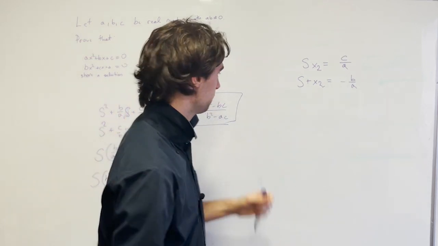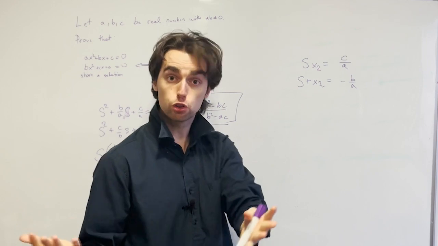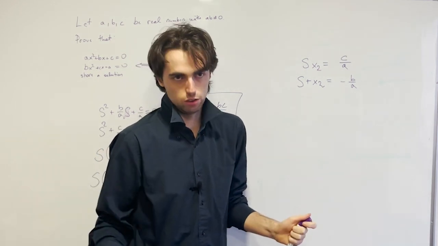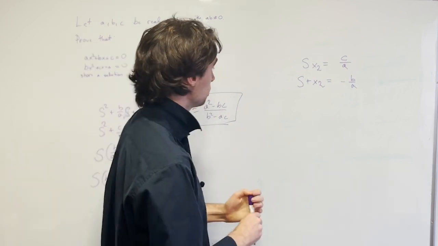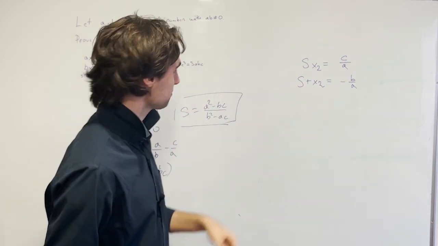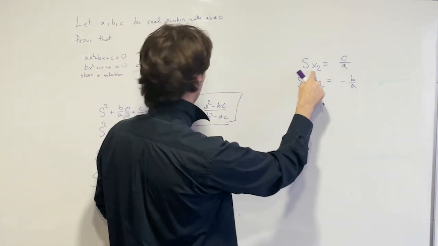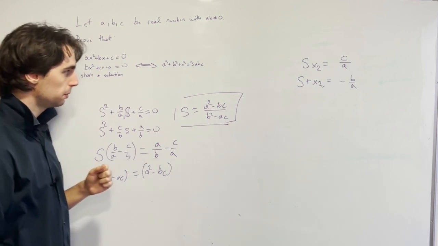You can try, put it in the comments below. I went down that route. It's a fair route to go down, but I found myself, I do not want to see what this polynomial is equal to. No, just no. So let's look at Vieta's rules. And what do we have from the first rule? So we have S times x2, where x2 is the second solution here, will be equal to what?